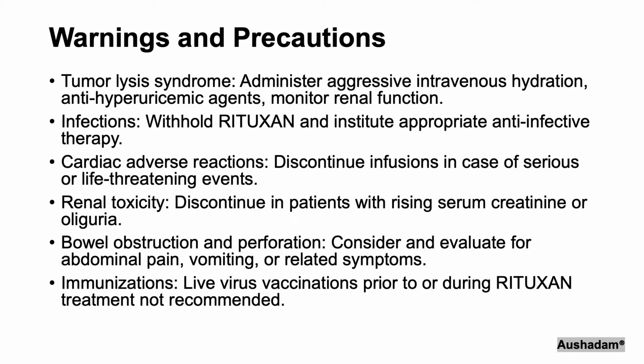And certainly rituximab is not used in a patient with active infection unless the infection is properly treated, and cardiac adverse events can sometimes be life-threatening, like arrhythmias of the heart, where patients can develop significant arrhythmias like ventricular fibrillation or atrial fibrillation.